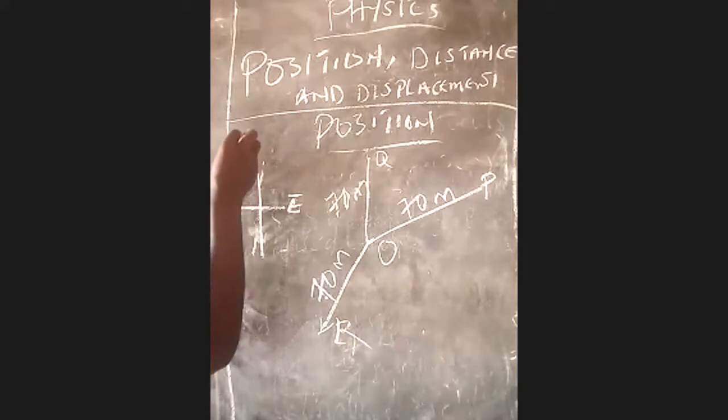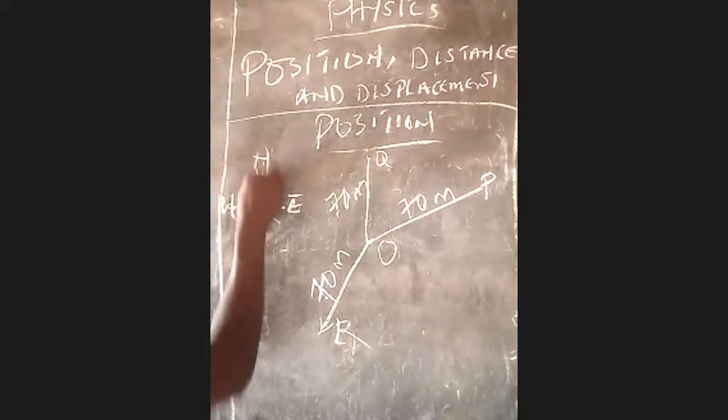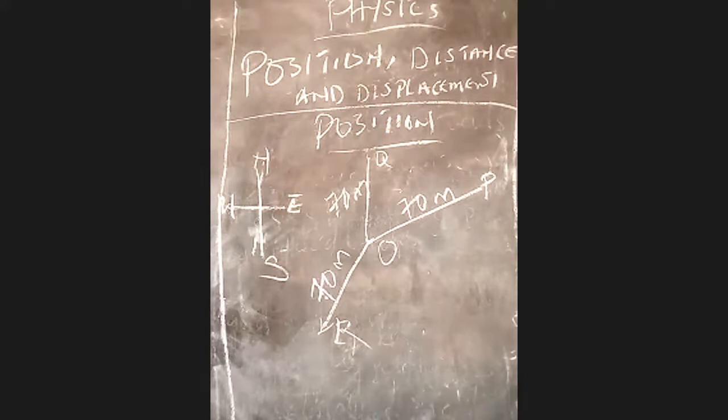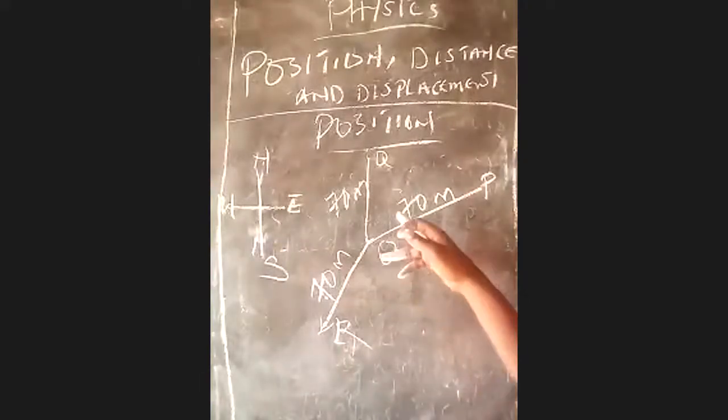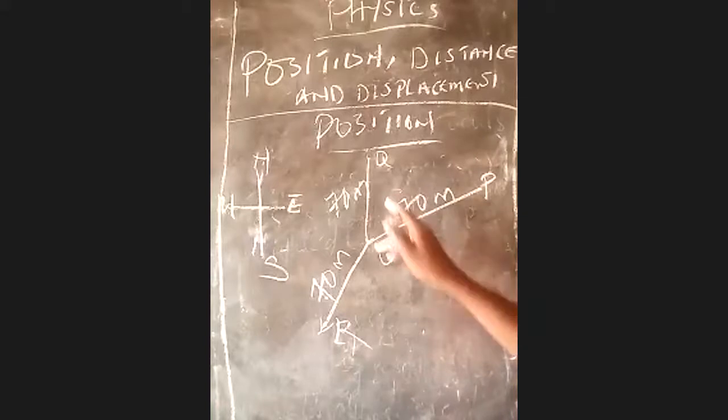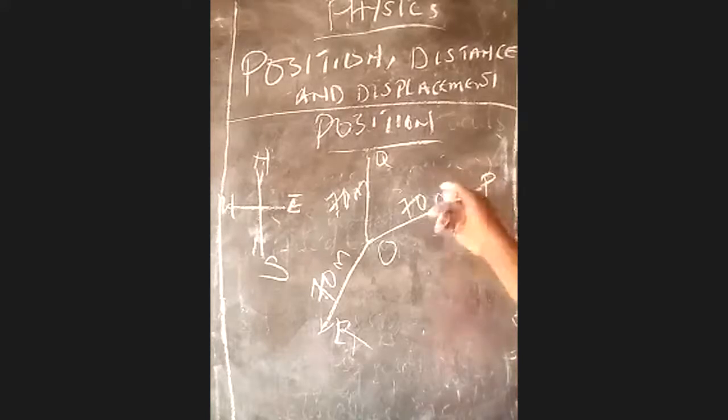So we have north and south. By getting this drawn, it will be very easy for you to start locating the position of any of the points on the drawn angle. So we can get the position, we can get the direction. Now let's try to look into it.